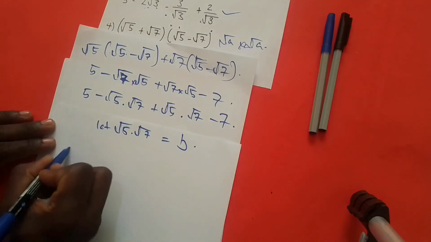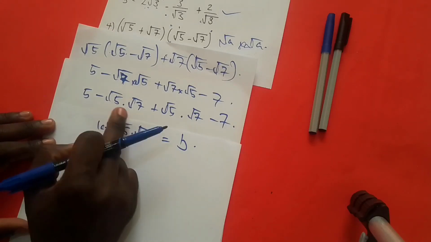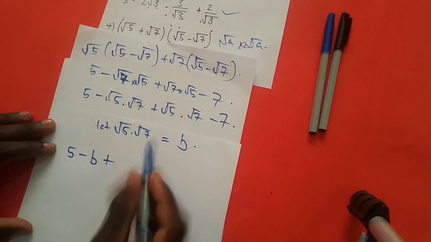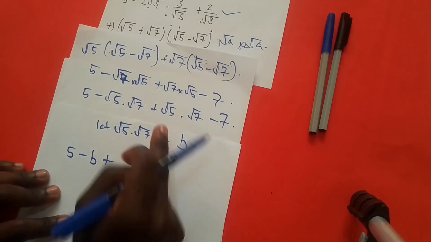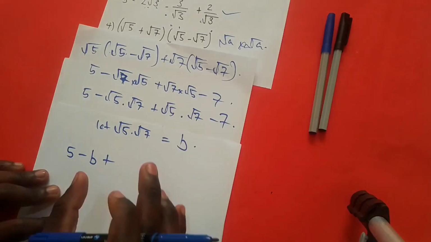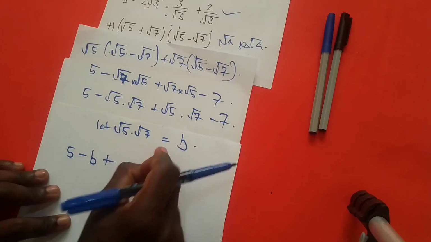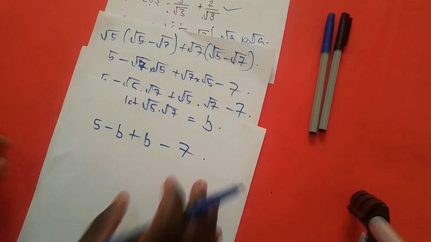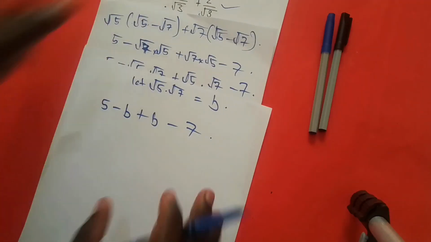So we have 5 here. 5 minus root 5 root 7. So we are going to put b minus b plus root 5 root 7. We are going to put b again. Okay, since we have let root 5 root 7 equal to b, so we're going to put b minus 7, right? So the trick is done now.